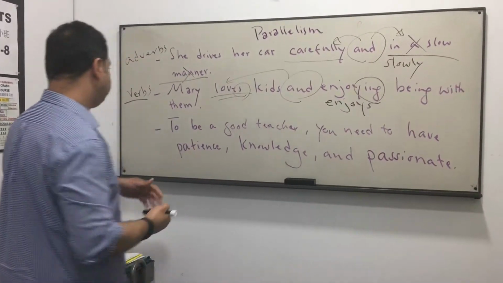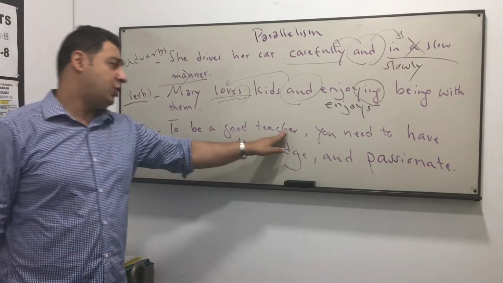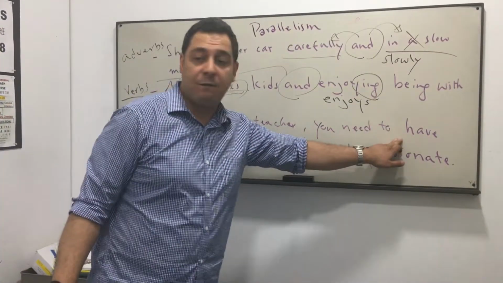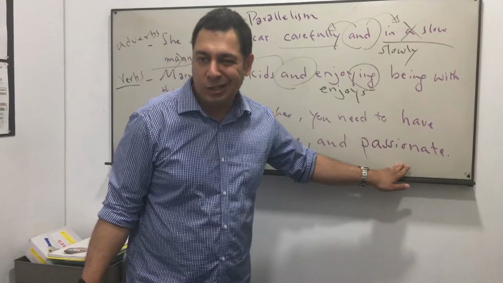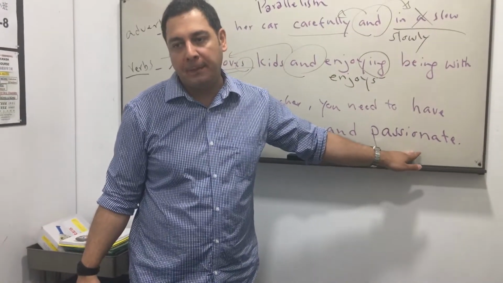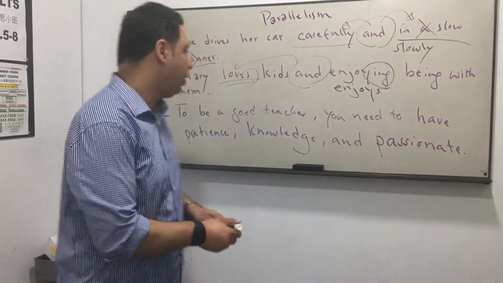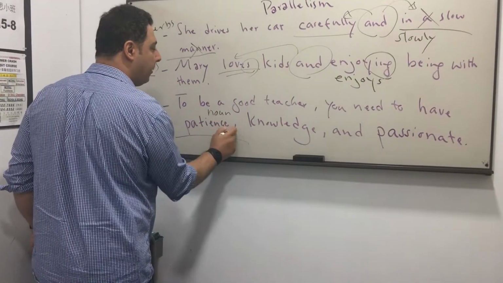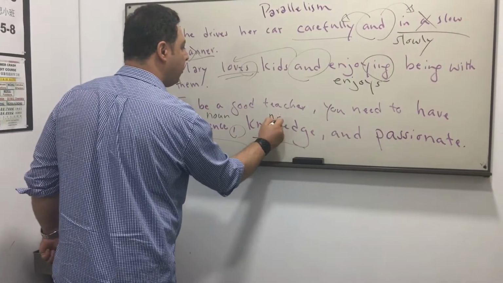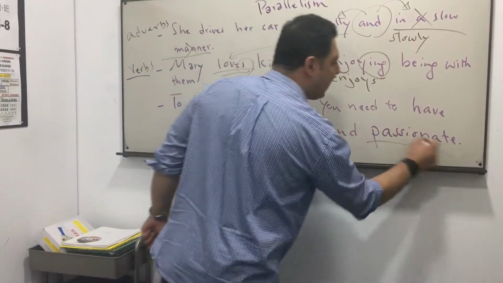And the third one: to be a good teacher, you need to have patience, knowledge, and passionate. And passion, very good. Because we have a noun, then we have a comma, a second noun here, and then here we have an adjective.